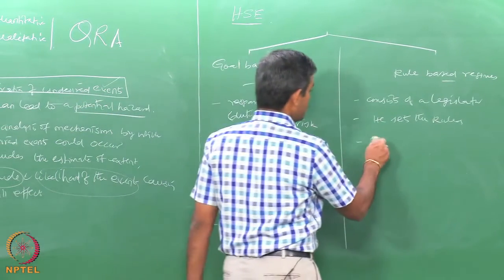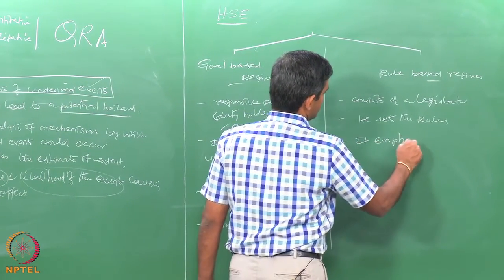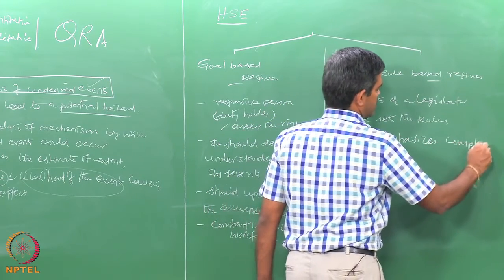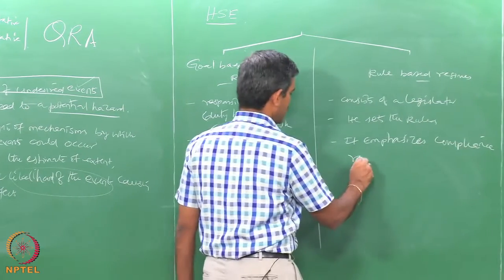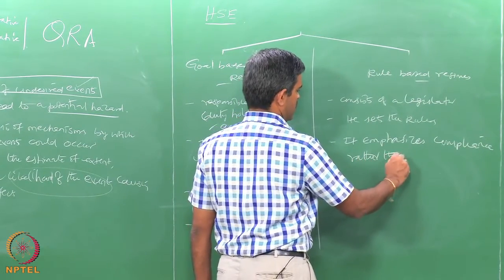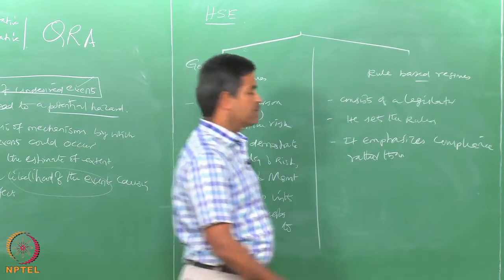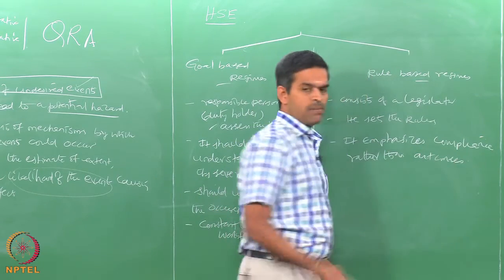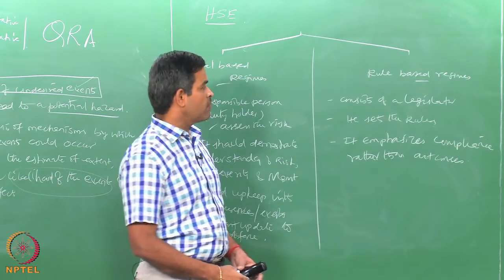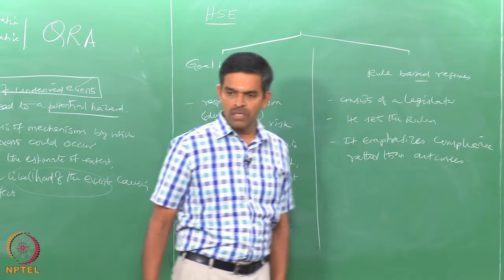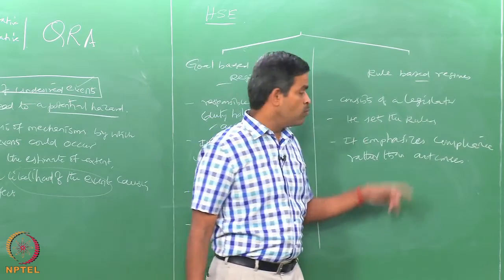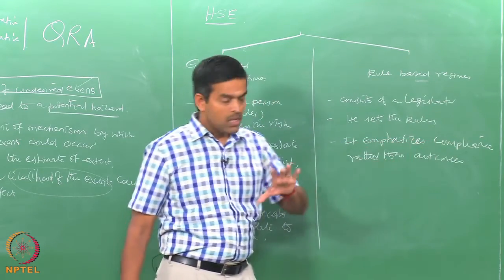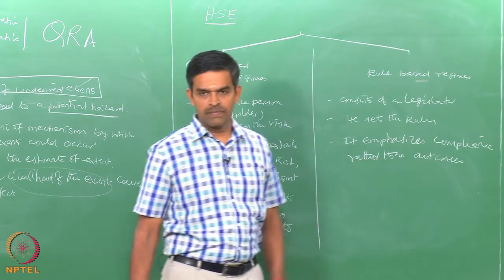So, this program actually emphasizes compliance rather than outcomes. It does not bother about the benefit, what you achieve by following those so-called HSE rules, but it says that you must follow the rules. So, compliance is insisted, outcomes are not traced.